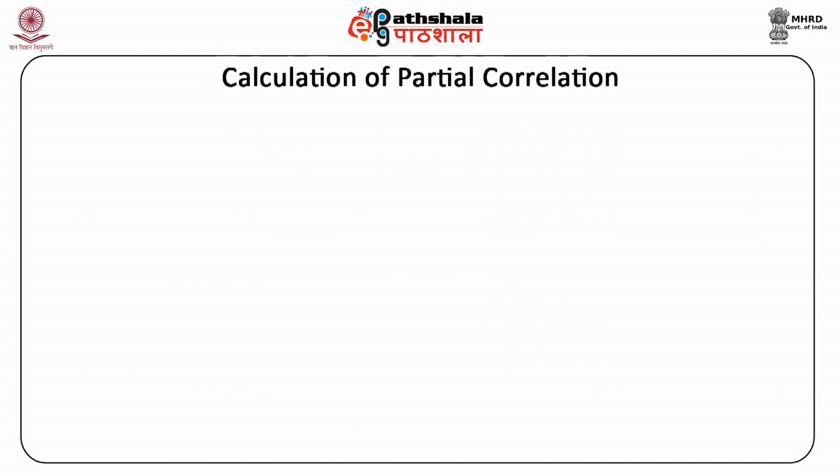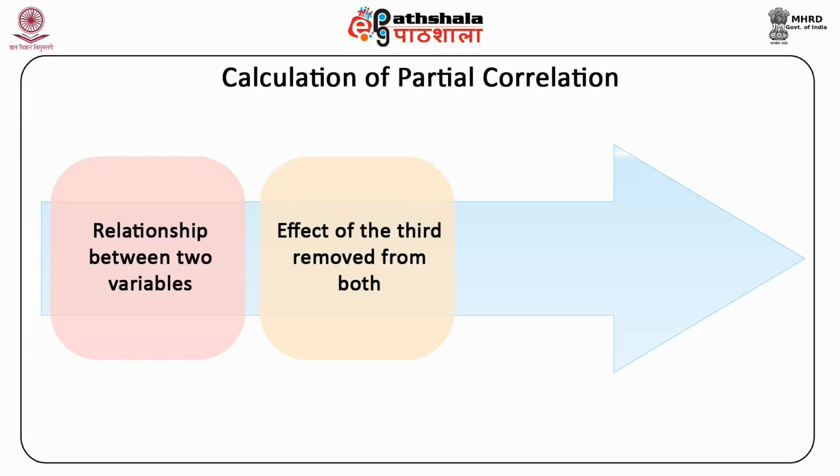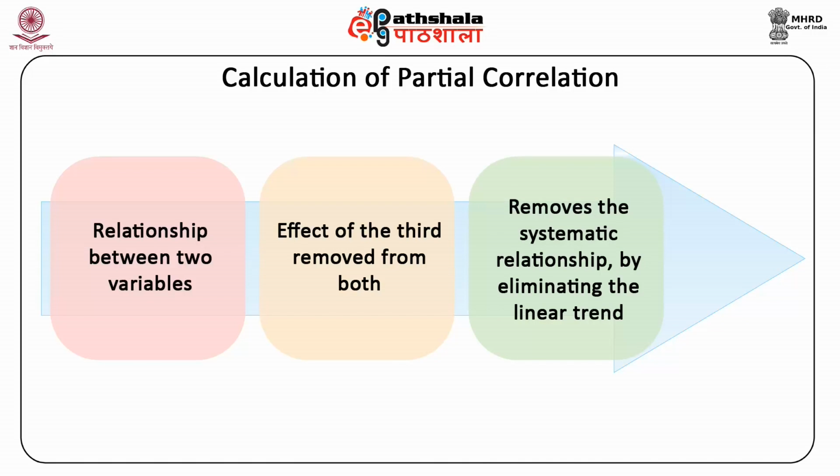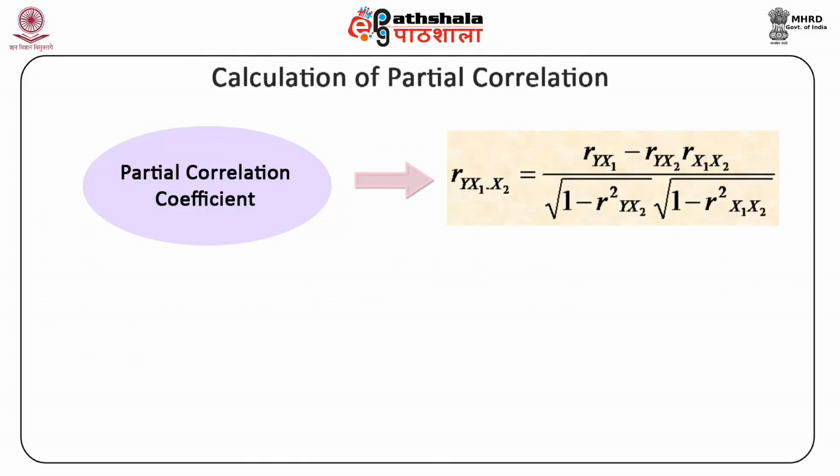Let us look at the calculation of partial correlation. Partial correlation allows us to examine the relationship between two variables with the effect of the third removed from both. It statistically removes the systematic relationship by eliminating the linear trend, then correlates the residuals. Partial correlation coefficient is represented as R yx1.x2, where y and x1 are two variables and the third variable is x2.